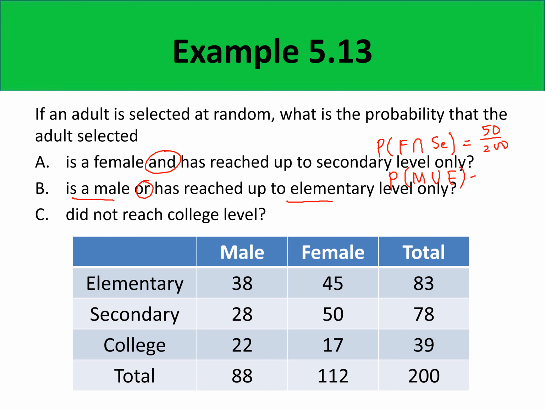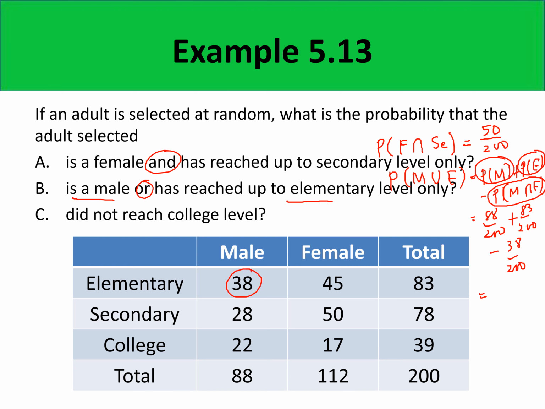Now using the additive rule, this is equal to P of M plus P of E minus the probability of M intersection E. Now the probability of M is 88 over 200 because there are 88 males out of the 200 adults, plus the probability of E is 83 over 200 because there are 83 adults who have reached up to elementary level only, minus the probability of M intersection E, which is equal to 38 over 200 because there are 38 males who have reached up to elementary level only out of the 200 adults.